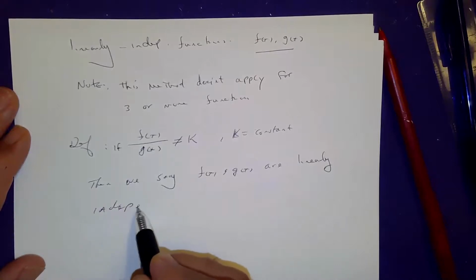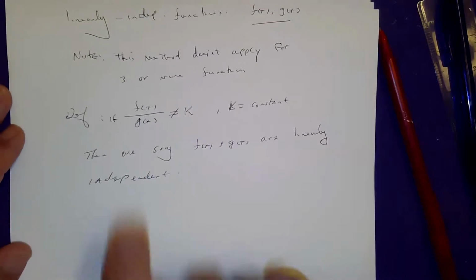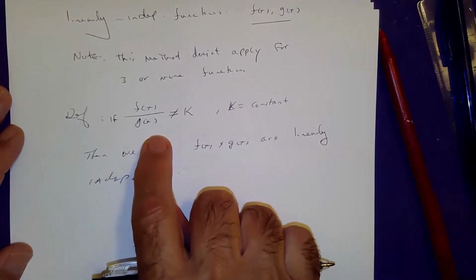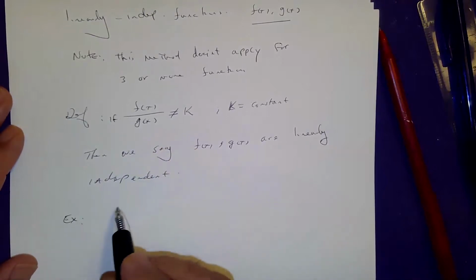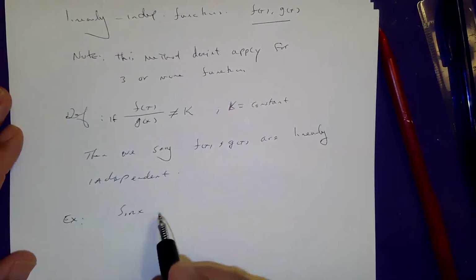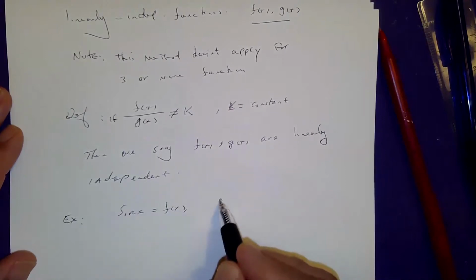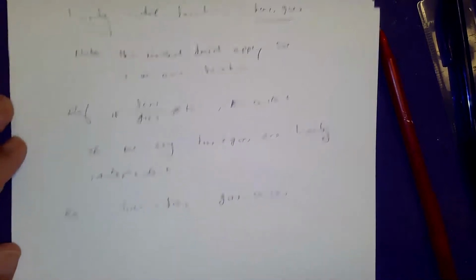In layman's terms, it means you cannot combine these. They are not combinable. Case in point, let's say you got, I don't know, sine of x for f of x and cosine of x for g of x.